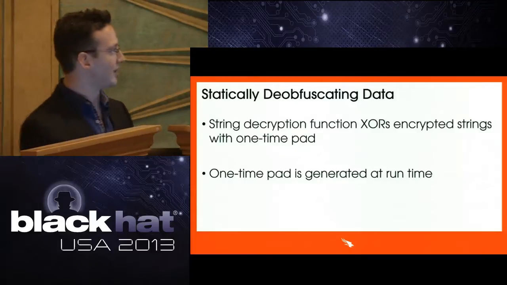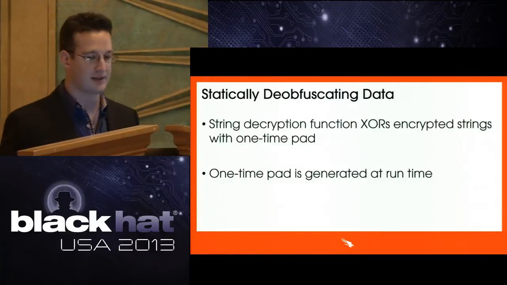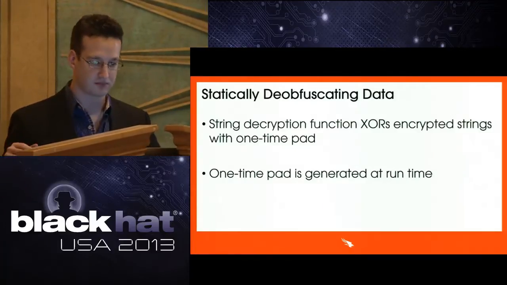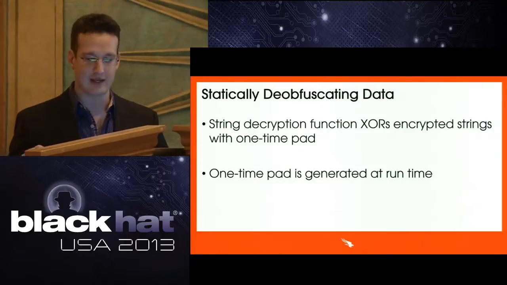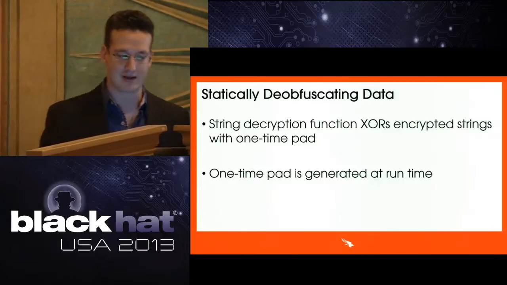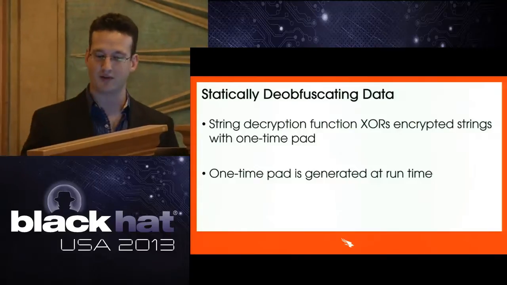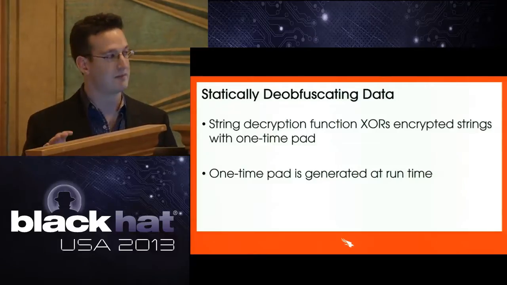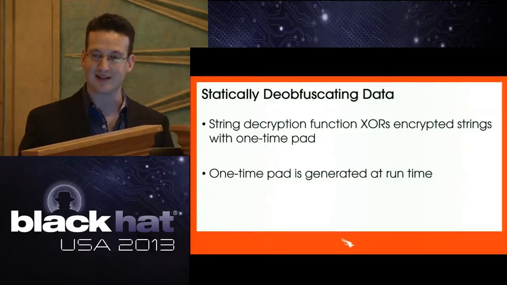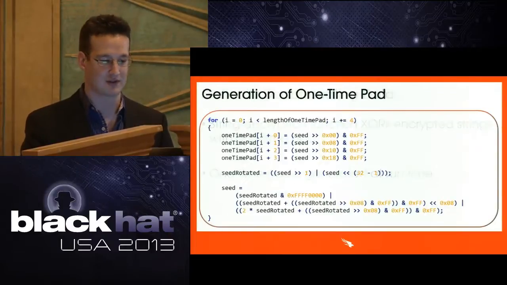So that's what we investigated, actually. It turns out that the string decryption is done via an XOR, and the length of the one-time pad is encrypted. It's actually decrypted at runtime via an XOR with a hard-coded cryptographic seed. And the one-time pad's content is generated via bit shifts and rotations, additions and multiplications.